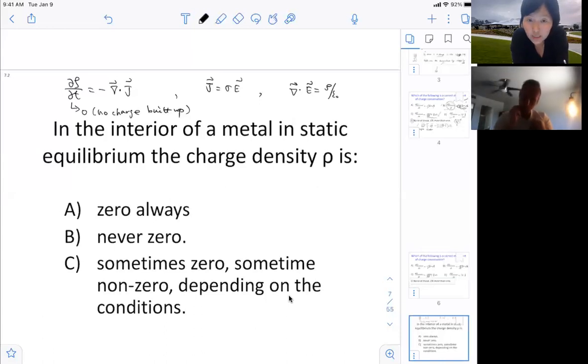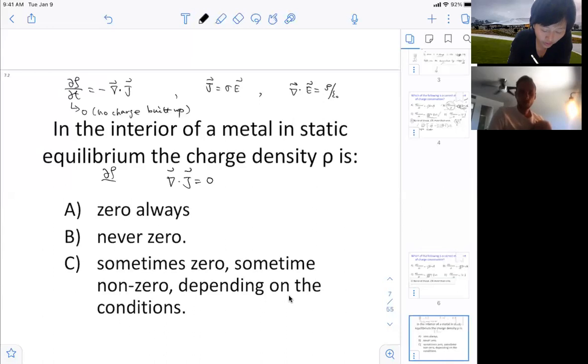So d rho dt, you can say, well, that should be 0, right? There's no change over time. So if d rho dt is 0, then the divergence of J is 0, right? Because of charge conservation, and they're equal.